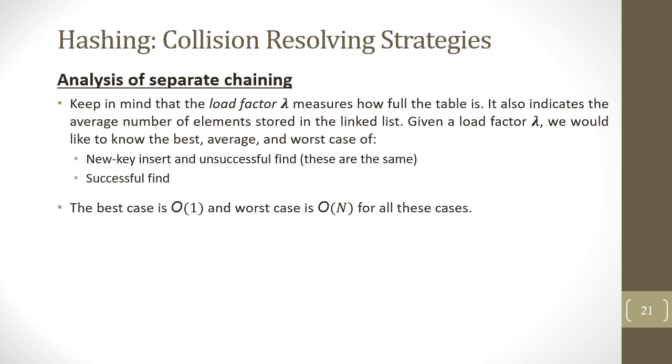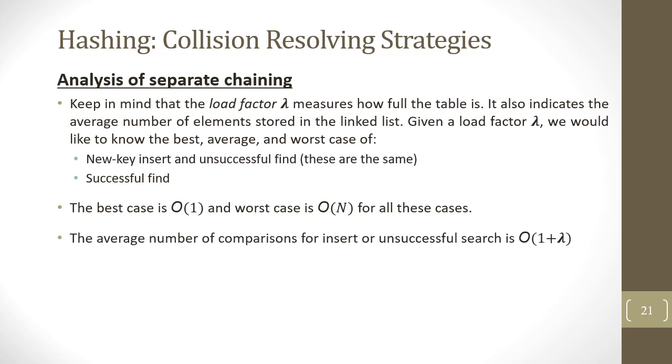The best case for all cases will be order of 1, that is, it is placed in the head of the linked list, and the worst case is n for all cases because all the keys can be placed in the single linked list in the single slot.